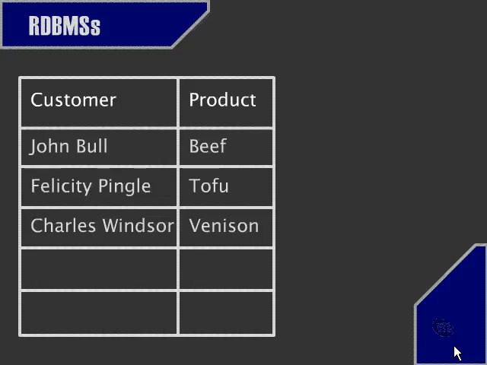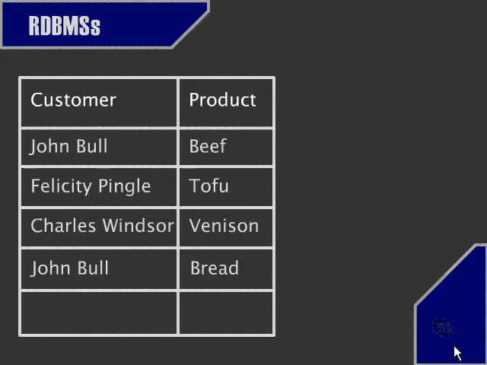Now, our system at the moment is similar to a flat file database system. Essentially, there is nothing in this system that couldn't be done by a card index. Each of the columns stores all the data, so that when John Bull comes in to buy some bread, we have to write his name down again.